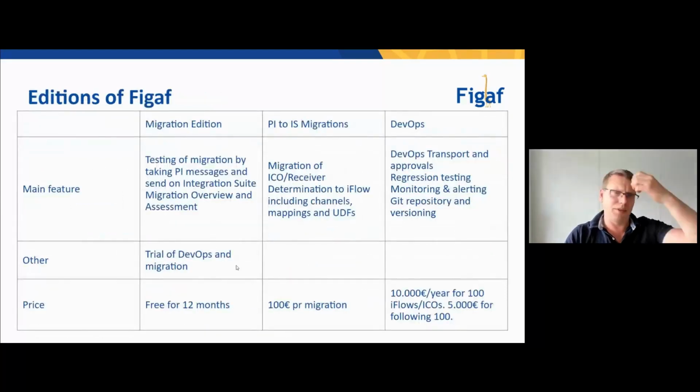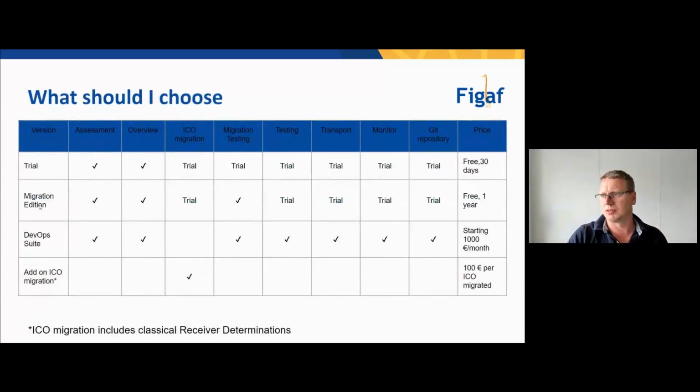We have 3 editions, and depending on what edition you have and want to achieve, one may be better. We have the migration edition, which is our partnership together with SAP. Here we give you the assessment, the overview, and the migration testing. Then we have the DevOps part, which allows you to transport and govern.